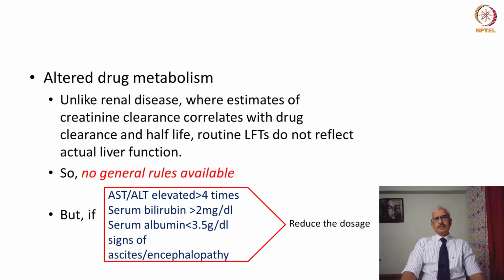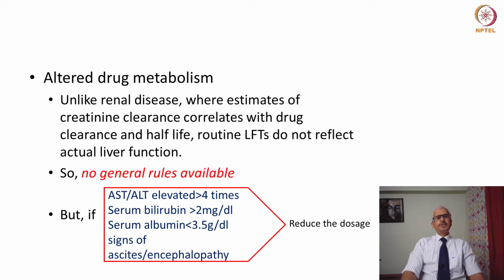Now, let's look at the drug metabolism in a little bit more detail. When compared to renal disease, where the estimate of creatinine clearance correlates with the drug clearance and half-life, routine LFTs do not reflect actual liver function. What does it mean?